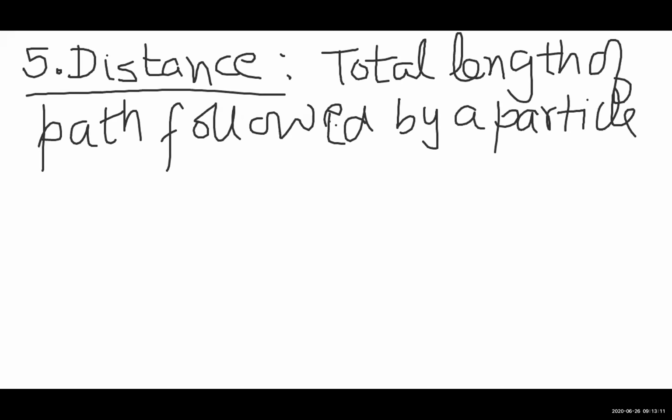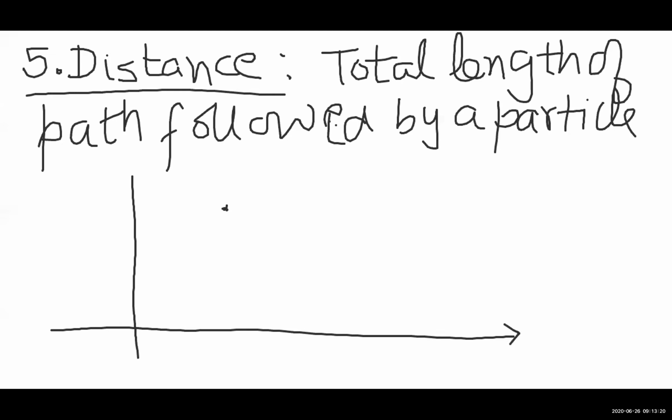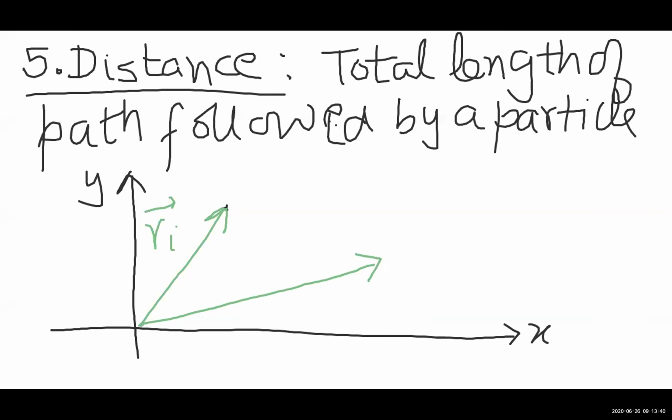So supposing that we have a frame of reference, and supposing that the initial position vector of the particle is this, and supposing that the final position vector of the particle is this.